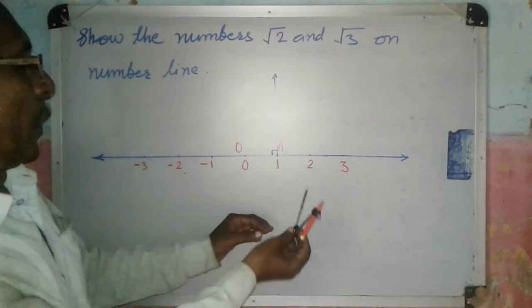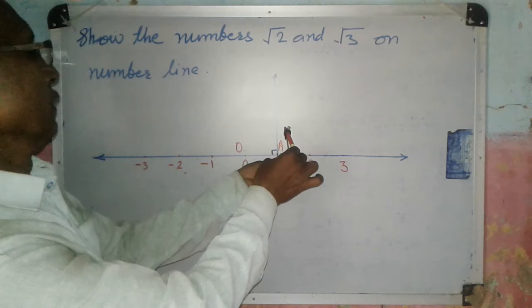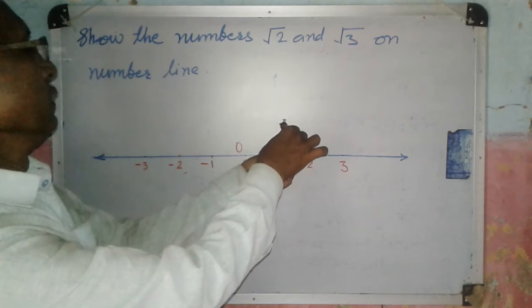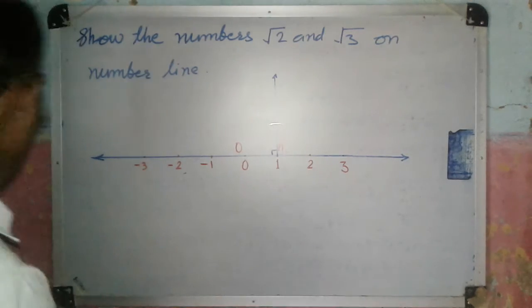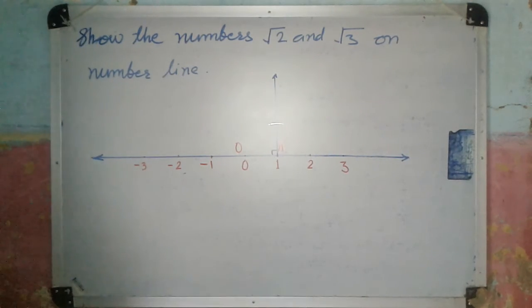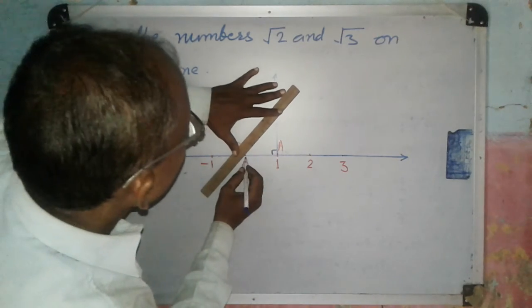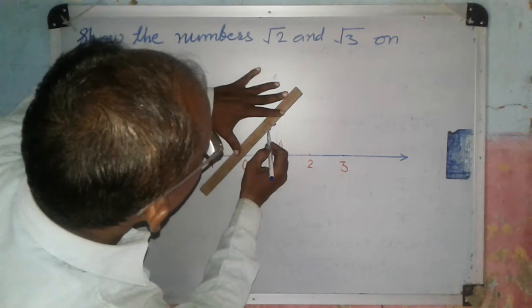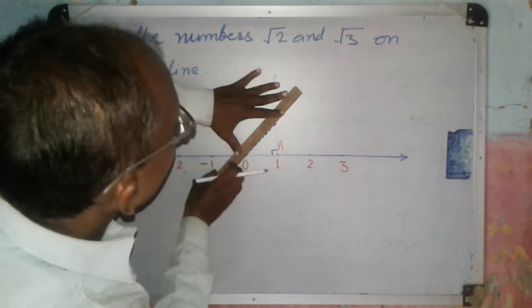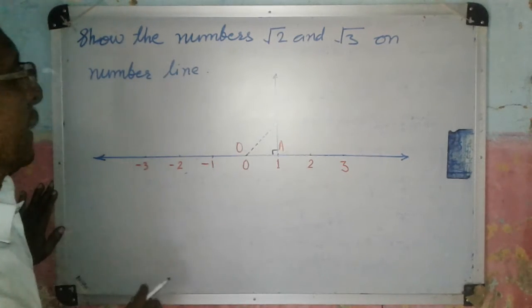Now put the compass point on A and draw an intersecting arc to this perpendicular. Now if you join this here, we get a right angle triangle.